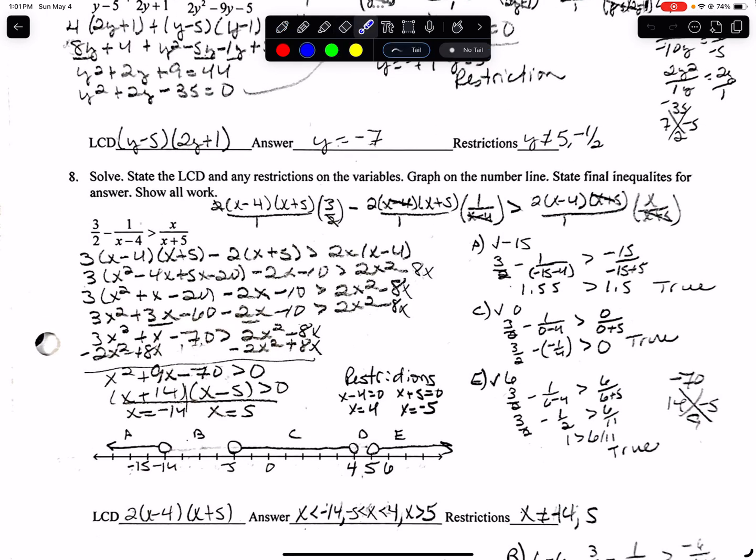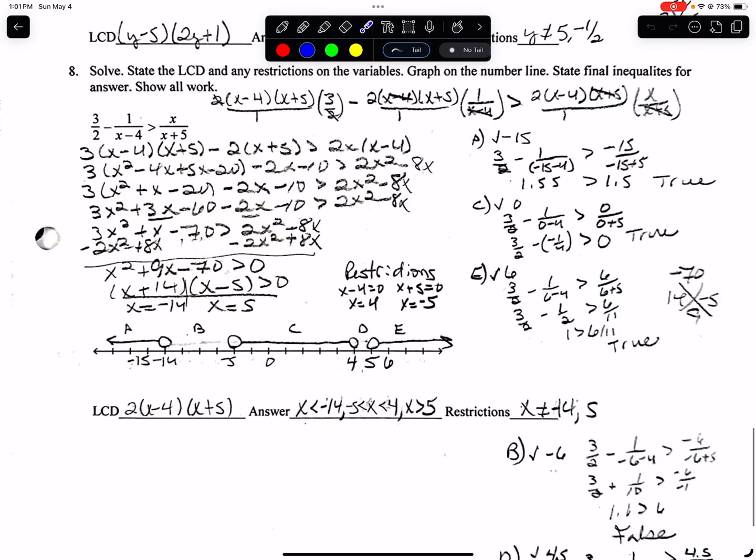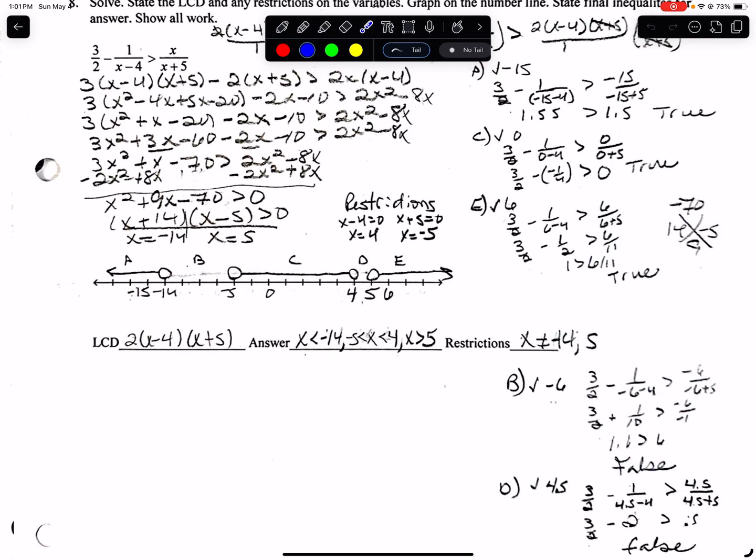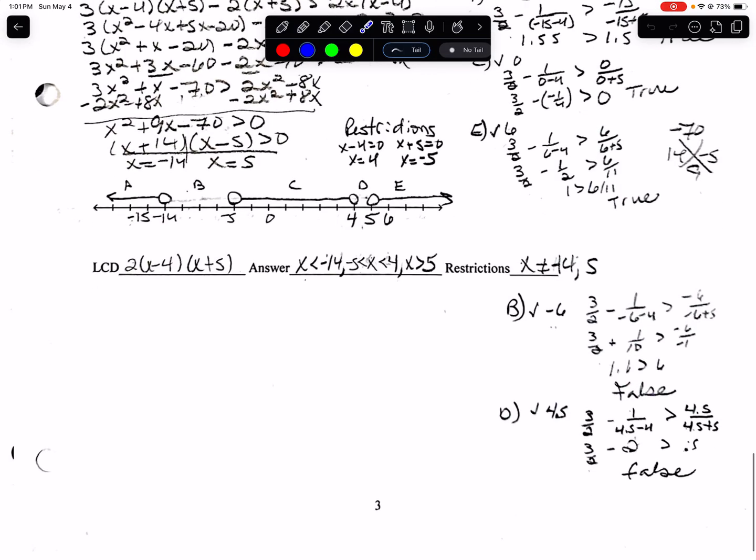You have to test this value, you have to test the middle, you have to test a value in here, and a value in there. So that's what the A, B, C, D is. She did it in a weird order, A, C, E, B, D, but that's basically what you're doing.